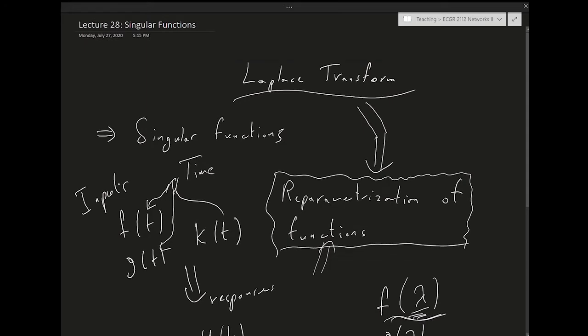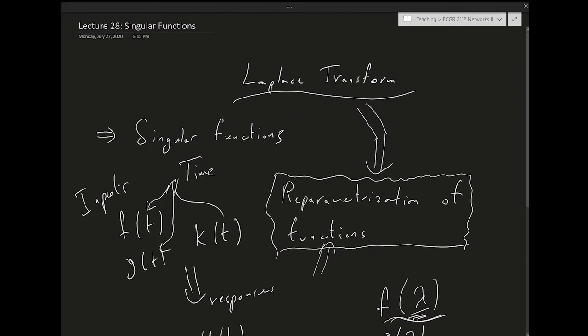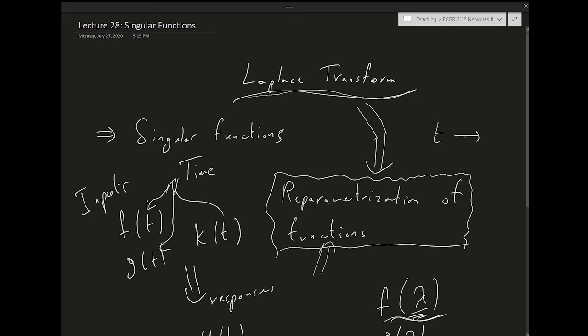All right. So the Laplace transform is one kind of reparameterization. It's just going from t as the parameter to some other parameter called s. By all means, it's not the only way to reparameterize functions. There are other ways.